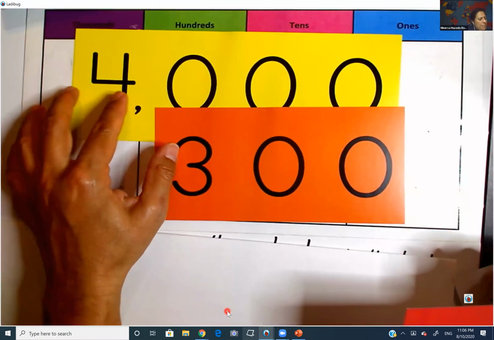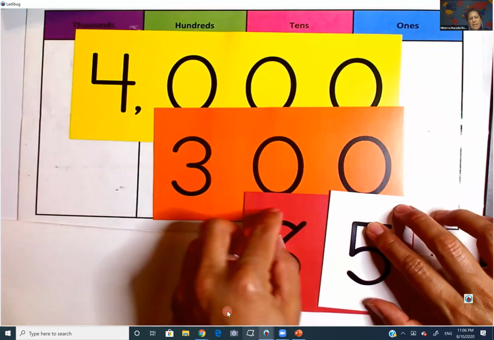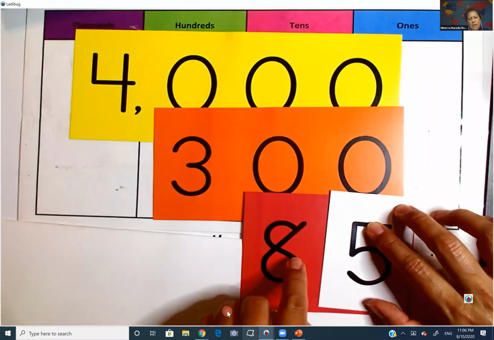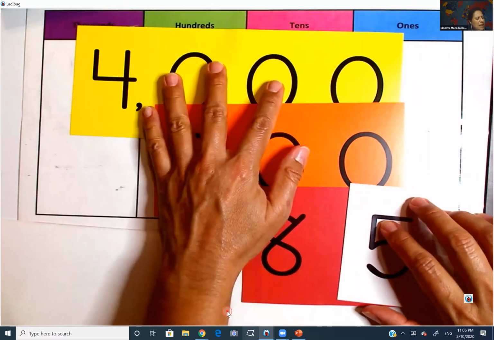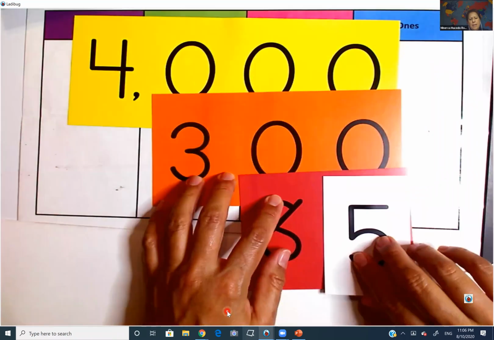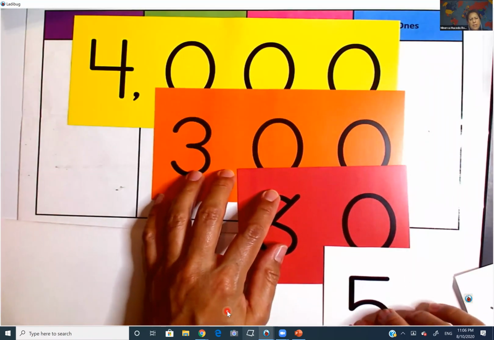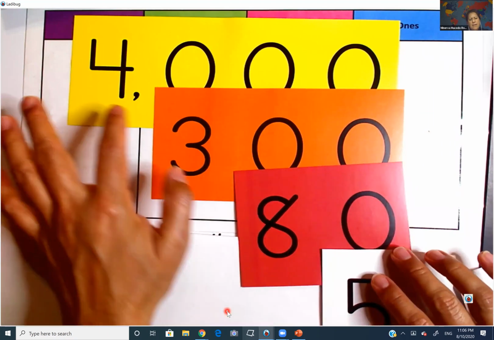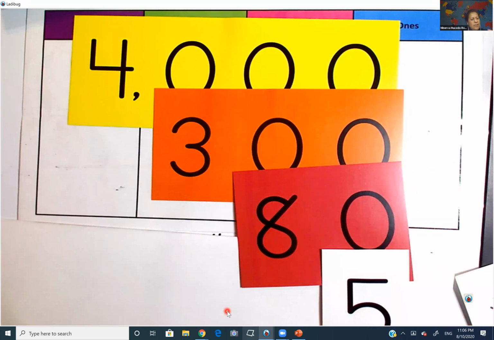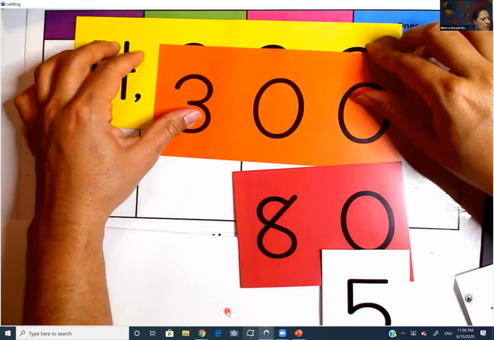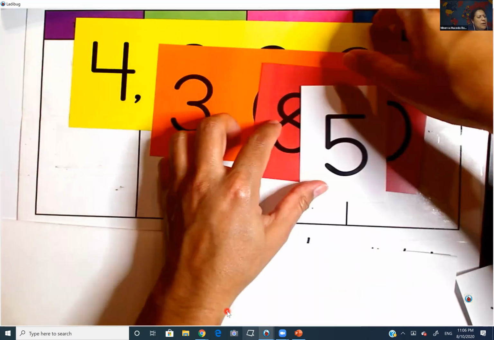Now, the digit 8 is in the tens place, so the value of the digit 8 is going to be 80. And finally, 5 is in the ones place, that's why the value is going to be 5. So together, 4,380 and 5 make the number 4,385.